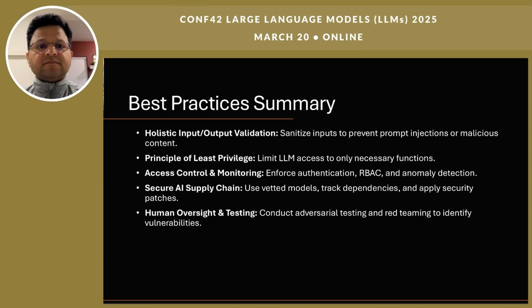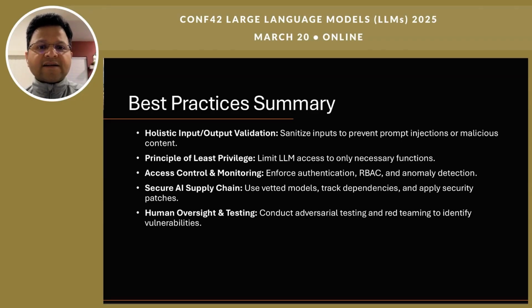Best practices: scan user prompts for disallowed patterns and rigorously sanitize model outputs as part of input and output validation. Follow the principle of least privilege. Restrict the LLM's permissions to only what's needed. No systems or unlimited external API calls by default.